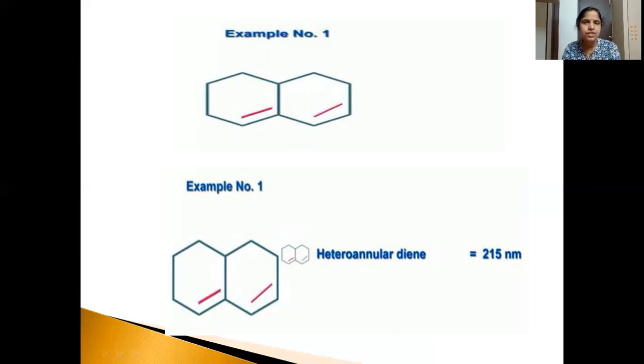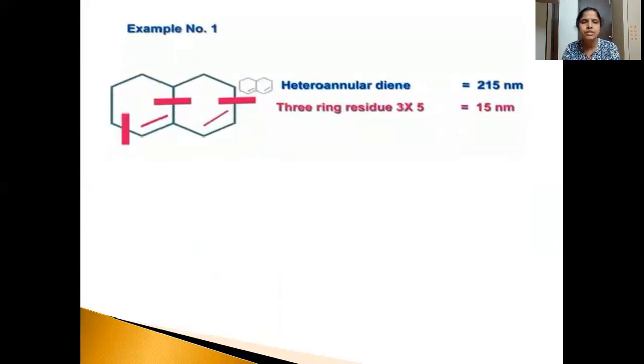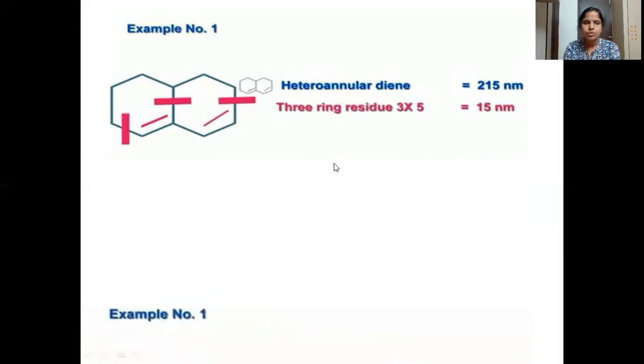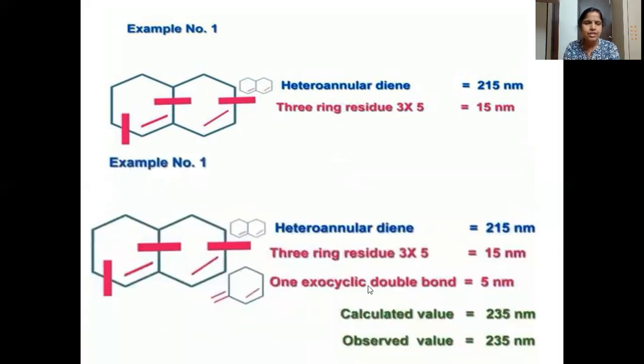And for each ring residue, what is the increment that has to be given? It is 5 nanometers. So as there are 3 ring residues, what will be the increment that has to be added? It will be 3 into 5, that means 15 nanometers. Now, it is also having one exocyclic double bond.